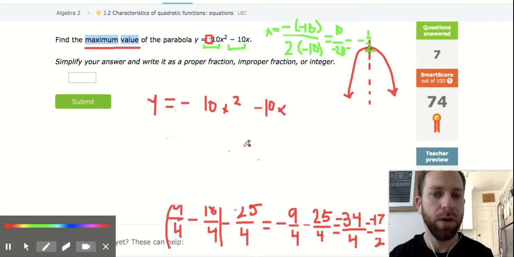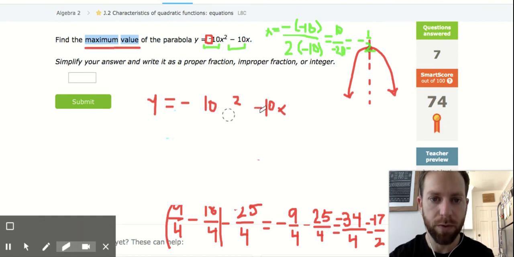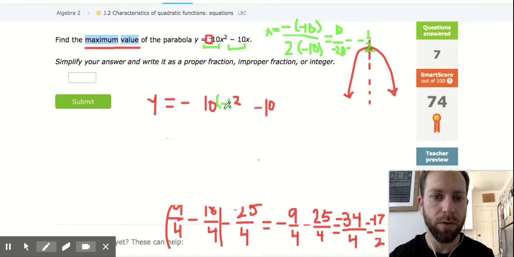Right? Now we're going to plug in a negative 1/2 for any x that we see. So let's erase the x's. There's one, and there's one. And we'll plug in a negative 1/2. Negative 1 over 2, and that's going to be squared. And also right here, negative 1 over 2, because there was an x right there.